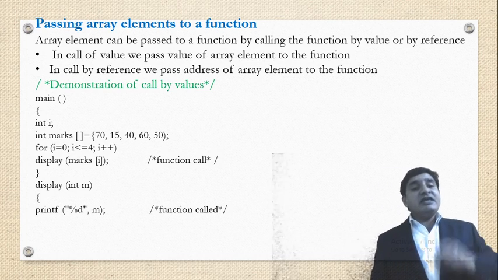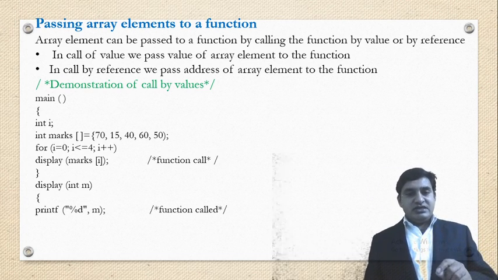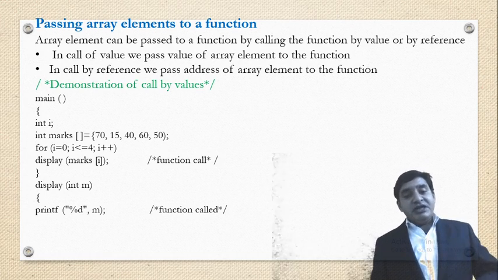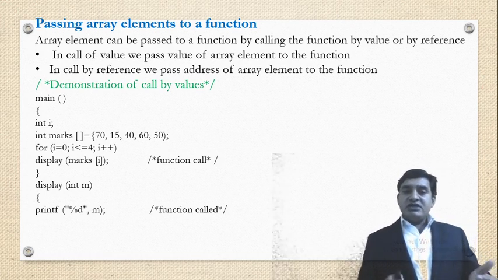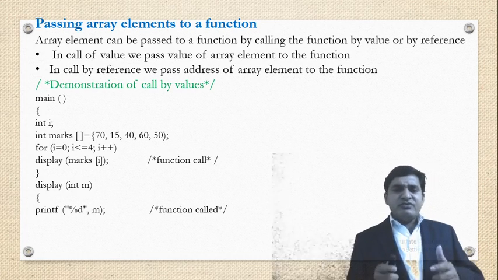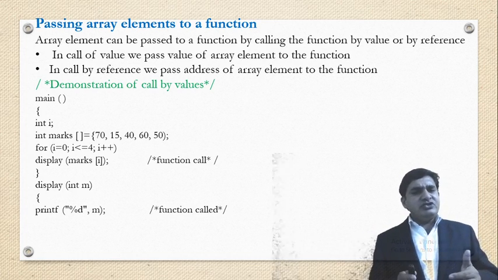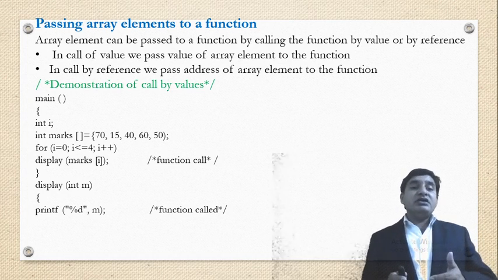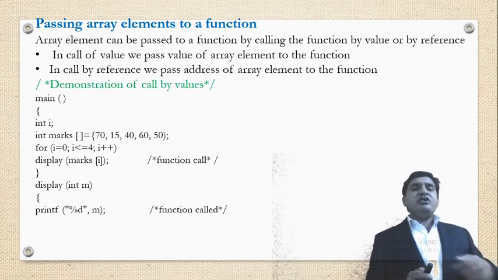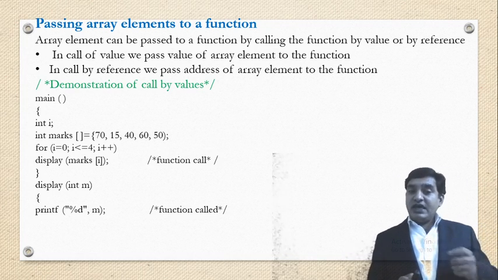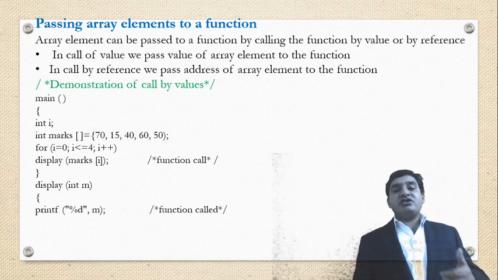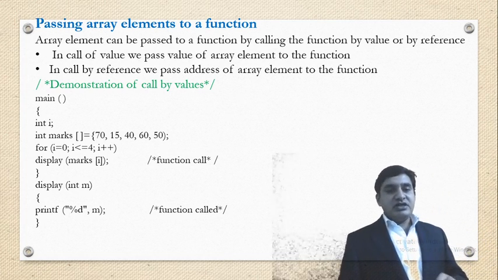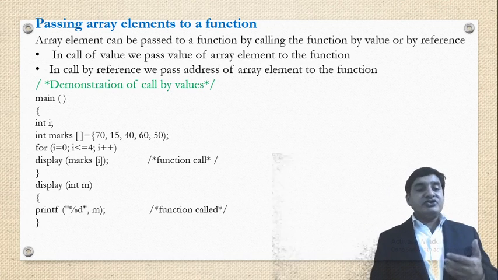Instead of marks i, we use printf percentage d, and instead of marks we use m, which is an integer. Therefore percentage d, m is a function call, so that all the marks are displayed on the screen.